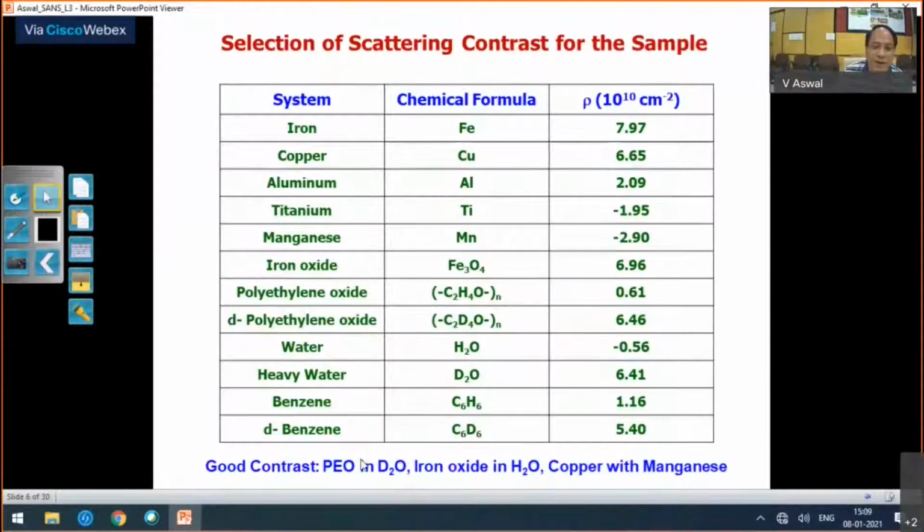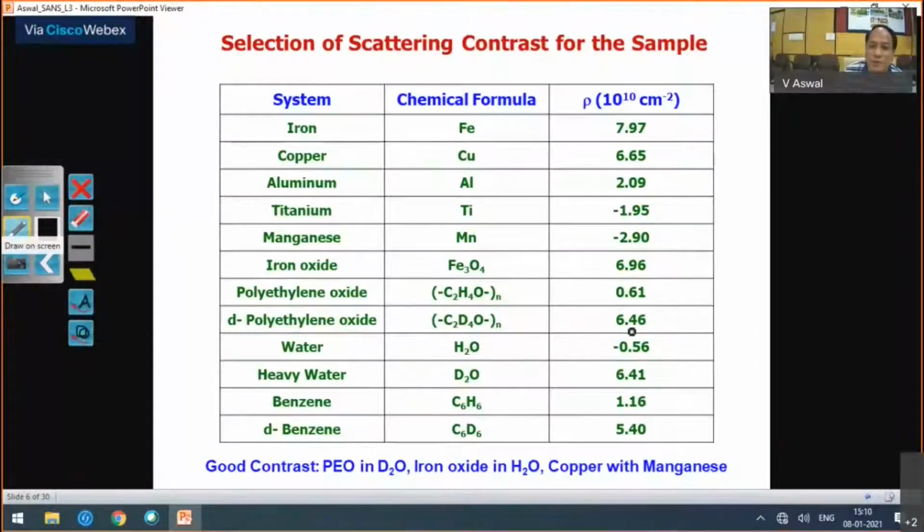Let's say if you have a hydrogenous polymer, PEO, then PEO will not give good contrast when you prepare it in H2O. So this is 0.61, this is minus 0.1. But if you prepare it in heavy water, D2O, then it gives very good contrast.